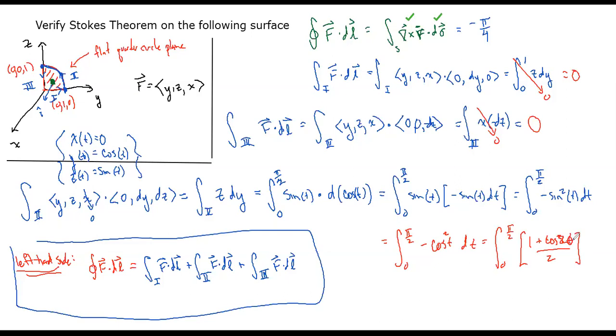So you could use a double angle formula if you wanted a third way. This only works over this particular interval. But anyway, you get minus pi over 4, one way or another. So life works out. Okay, any questions about that?